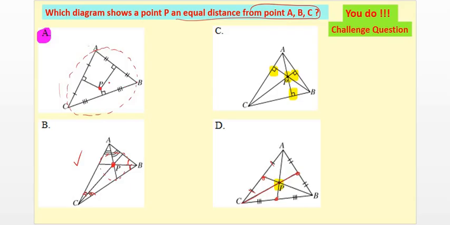Now how do I know that these are the perpendicular bisectors, not the medians, not the altitudes? Because look at this, clearly you can see altitude has just this symbol of the right angle. Medians have just the symbols to show that these sides are cut into halves to give the midpoints. But perpendicular bisectors have both the signs.